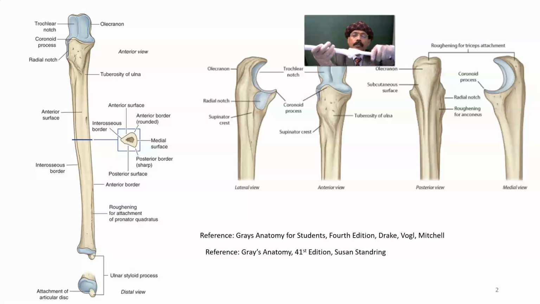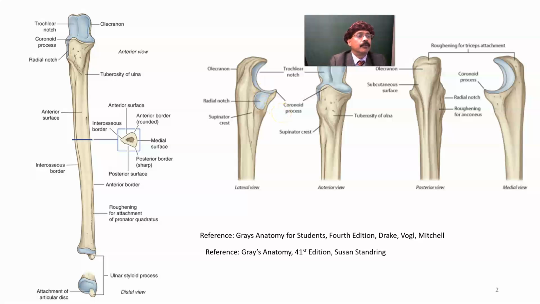This is the movement of the elbow joint, and the ulna forms a part of the humero-ulnar component of the elbow joint. The olecranon process will go to the olecranon fossa in full extension of the forearm at the elbow joint.